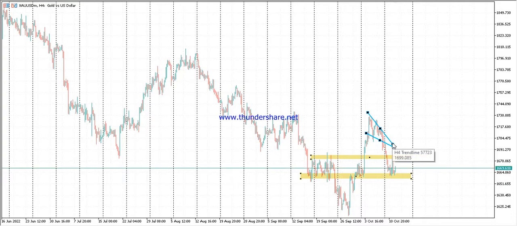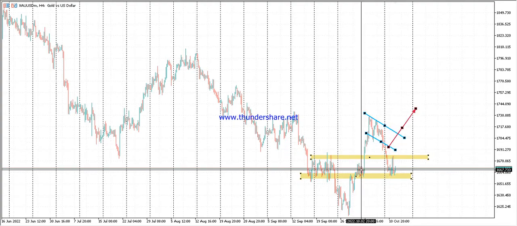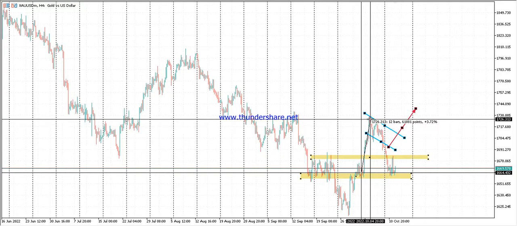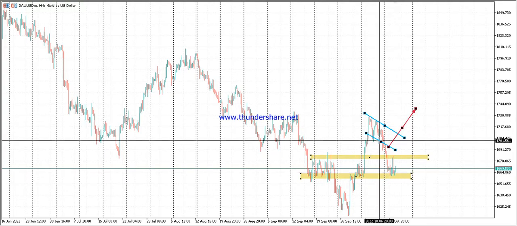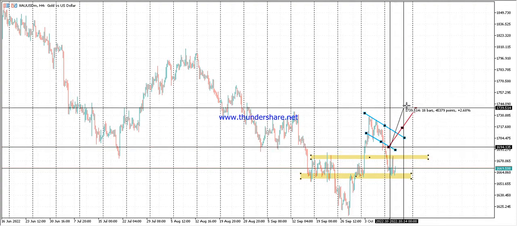Some people like to call this the pennant. Some people use this shape and call it the bull flag. We know that from here, we should expect the price to rally up the same amount of pips. It went from here to here, around 600 pips. I'm going to be looking at 600 pips from here to here.